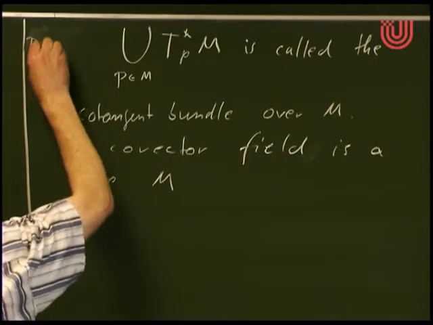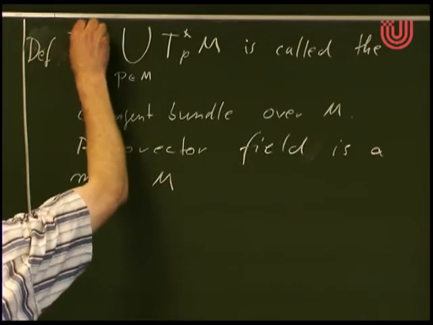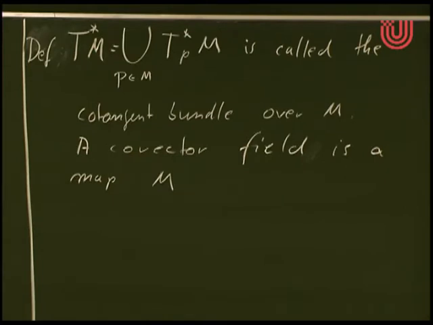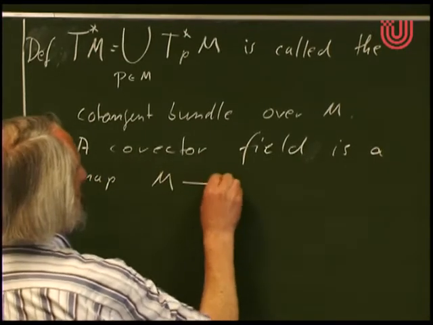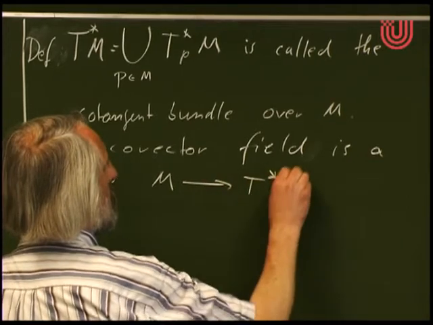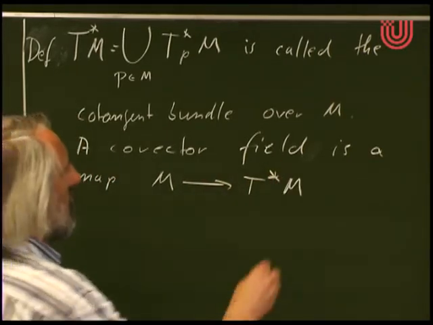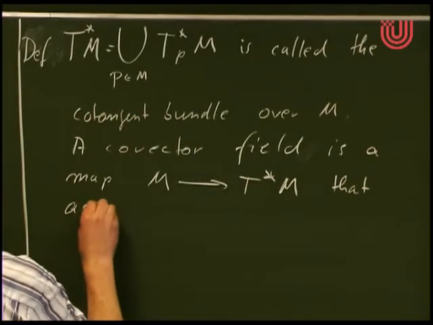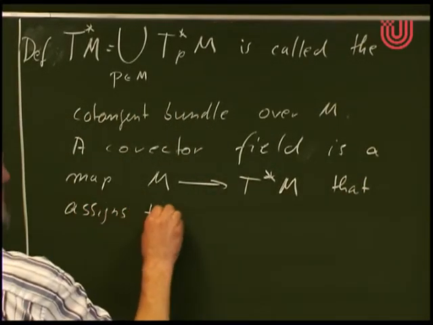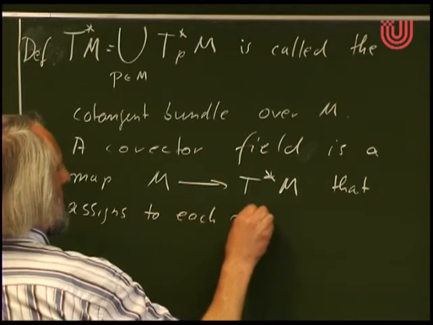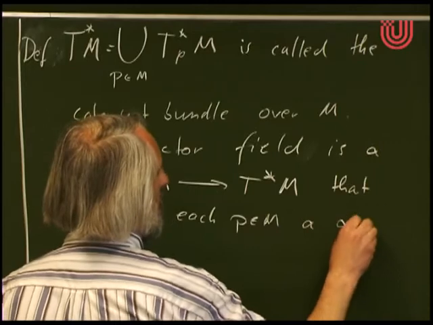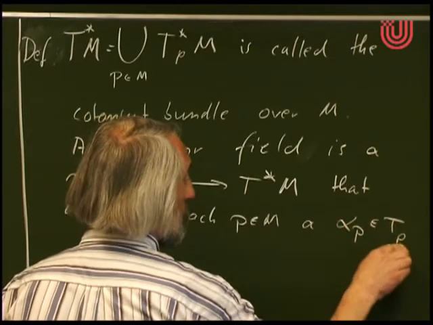We abbreviate this by T star M. We write T star M for this quantity. So a covector field is a map from M into T star M that assigns to each P in M a covector alpha P, which is at this point.